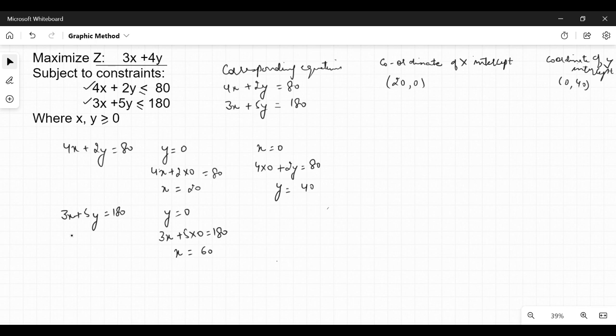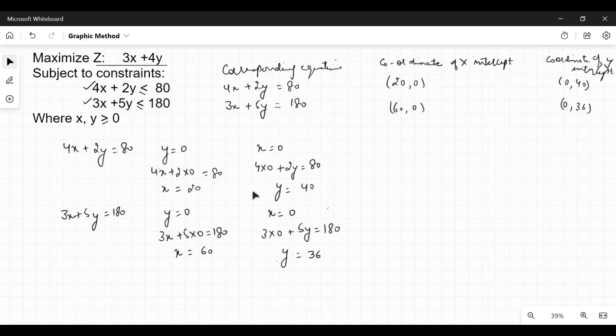So the coordinate of the x-intercept is (60, 0). In the same way, now I put the value of x as 0. I get 3 into 0 + 5y = 180, so the value of y is 36. So the coordinate of the y-intercept is (0, 36).